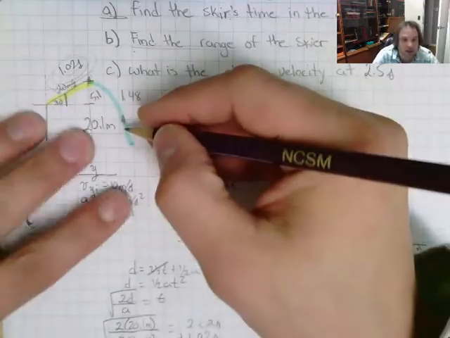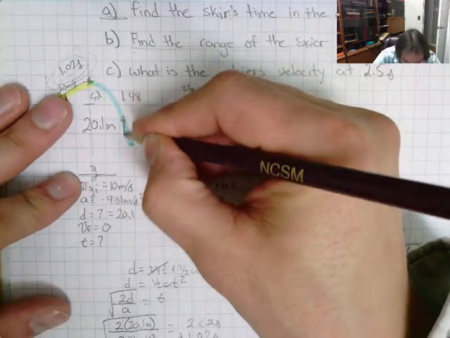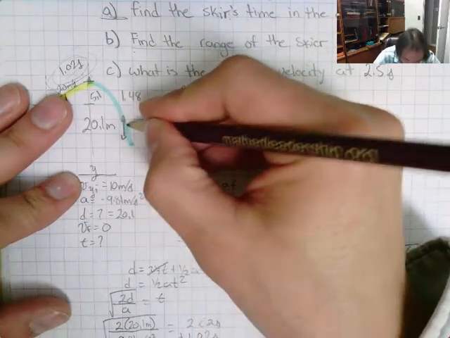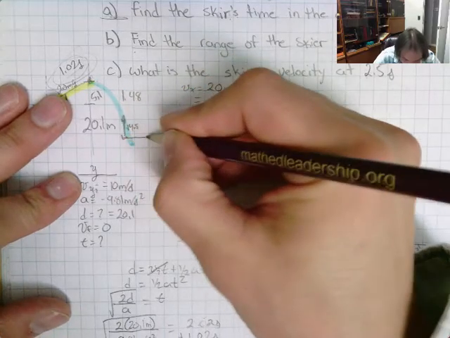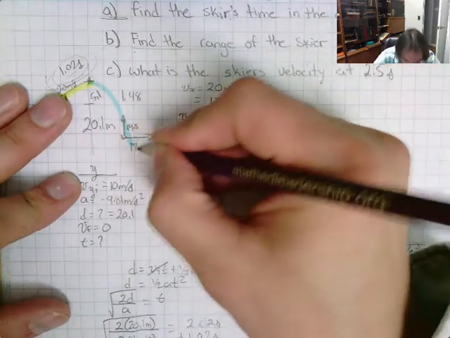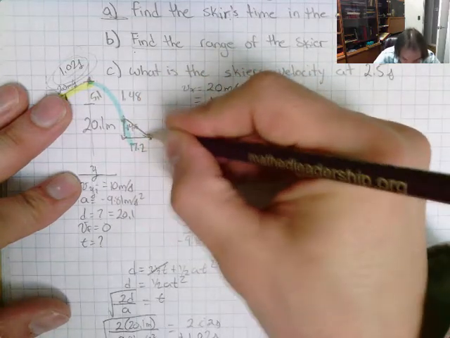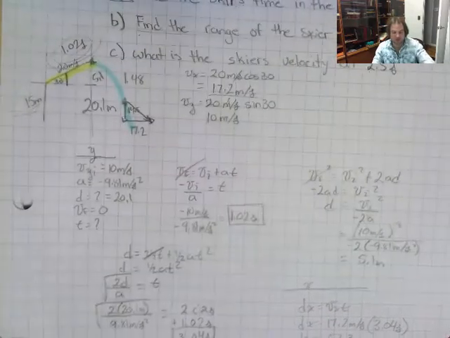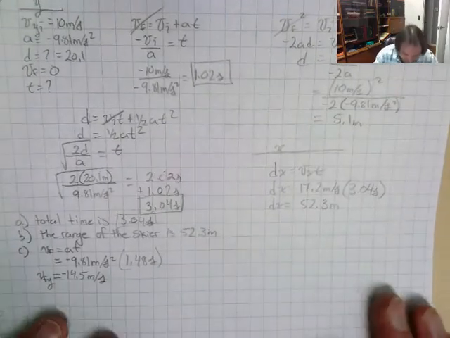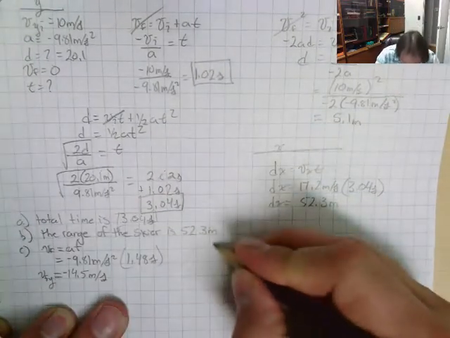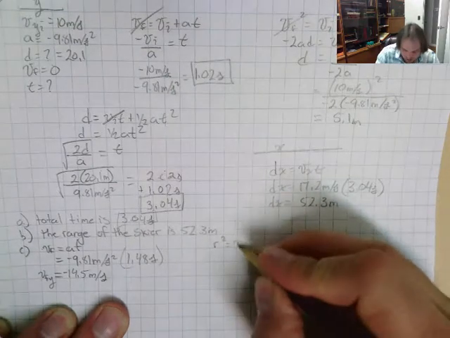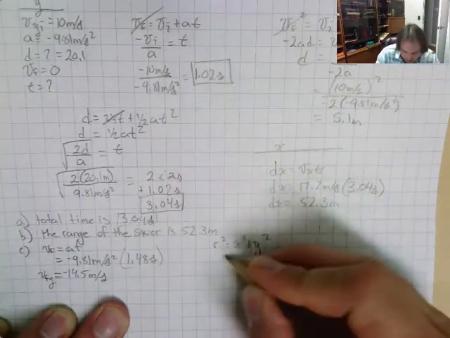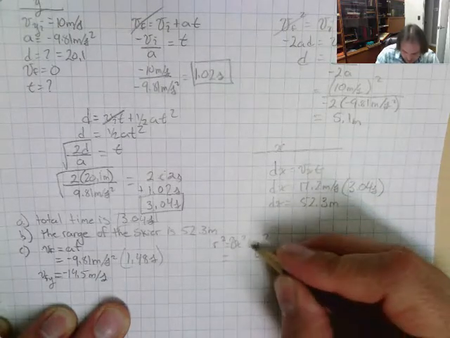If I was to look at this here, again, we know we go down at 14.5, and then we're going over at 17.2. So my resultant should look like that. Once again, I just have to use the Pythagorean theorem to figure that out. We know my resultant squared is equal to x squared plus y squared, in this case Vx and Vy.